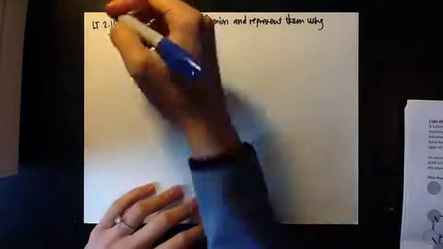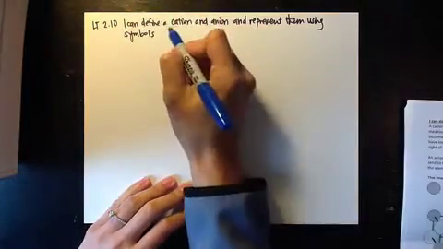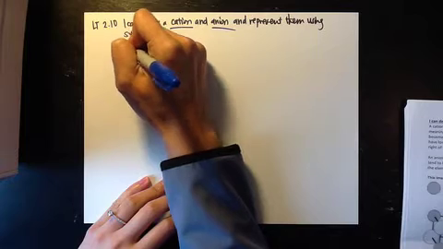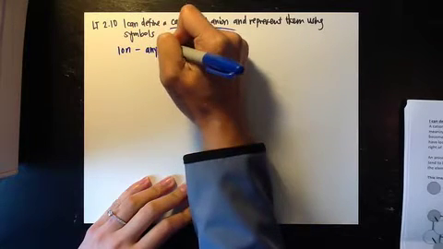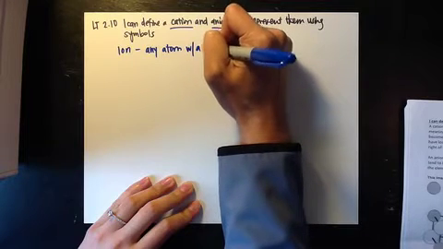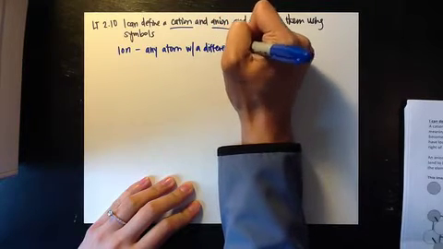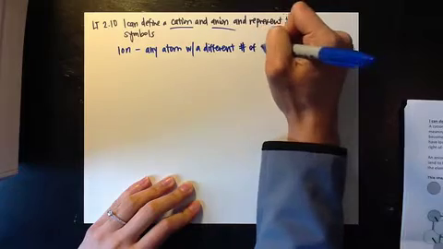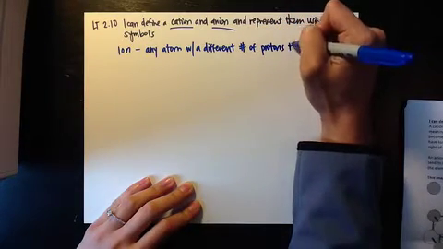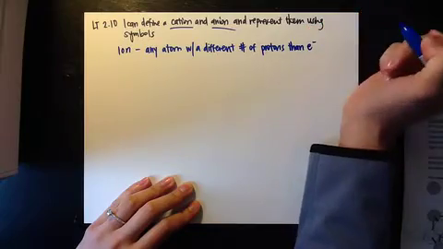Okay, so let's start with what a cation is, or actually what an ion is. An ion is any atom with a different number of protons than electrons.